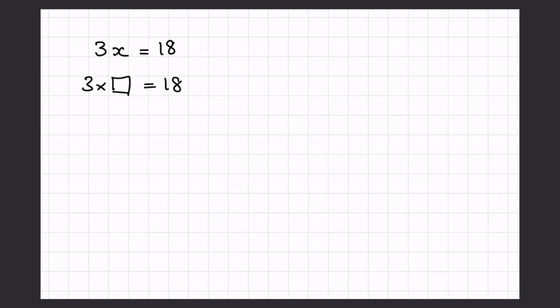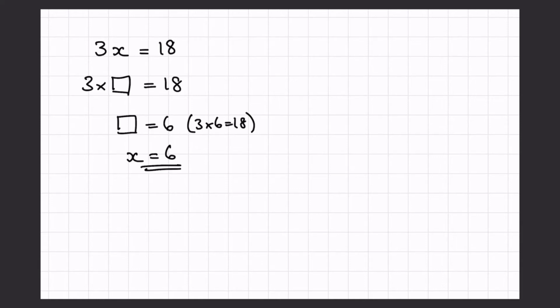Well, what number such that if I multiply it by 3 is equal to 18? Well, of course, the answer to that is 6, because 3 multiplied by 6 is equal to 18. So our solution to 3x is equal to 18 is x is equal to 6.